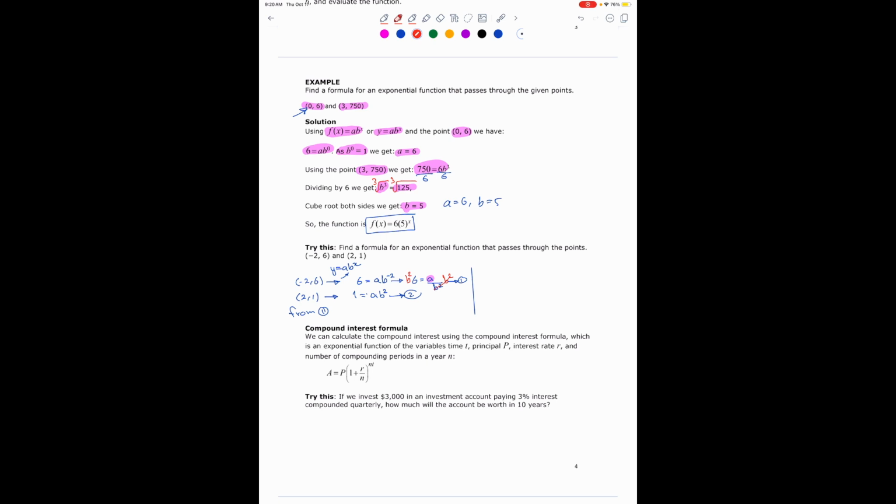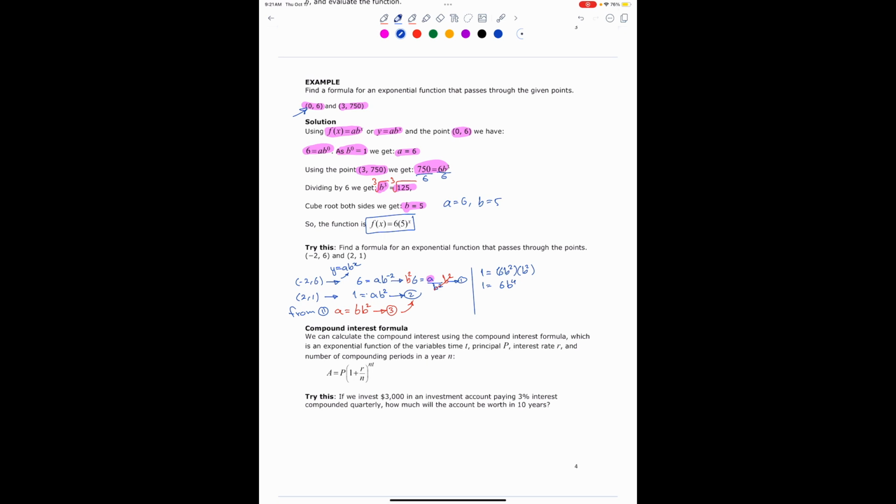These will cancel, and we will have a equals 6 times b squared. I'm going to name this number 3. I will take equation number 3 and plug it into number 2. So I will have 1 equals, replacing a with 6b squared, times b squared. So now I have 1 equals 6 times b to the 4th power.